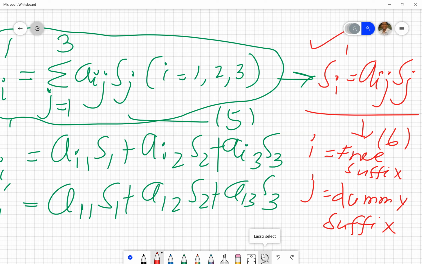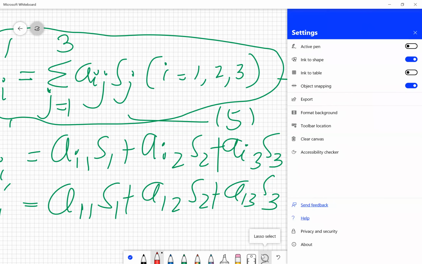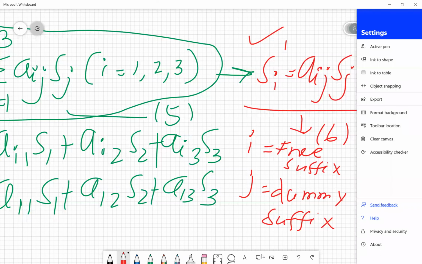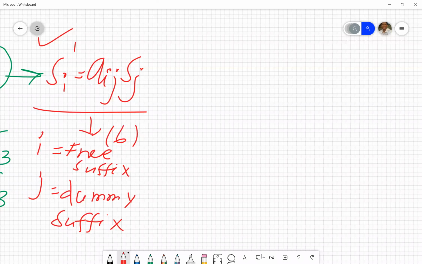So just writing here, I am writing that equation. I am just deriving this, just writing these equations.